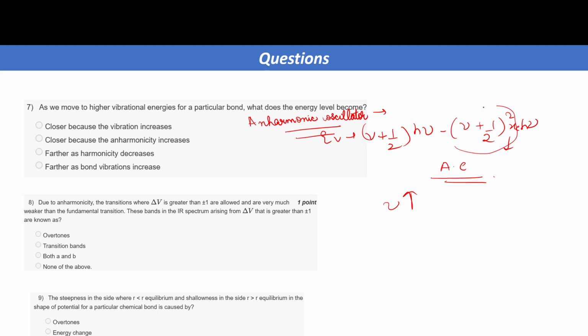So this complete term will be much more significant, therefore reducing the energy levels. Now the energy levels will be closer. Why? Because the anharmonicity will increase.